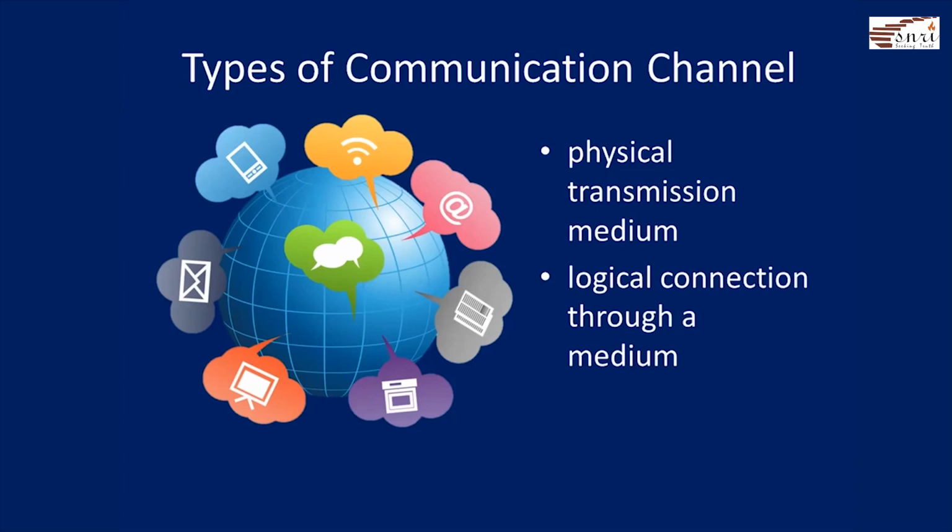When we speak about physical transmission medium, it is something that goes directly from one end to the other. Whereas logical connection through a medium uses another medium in order to send the message.